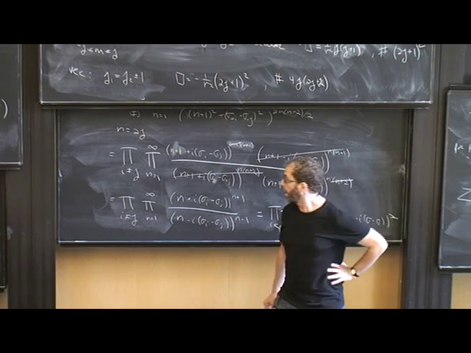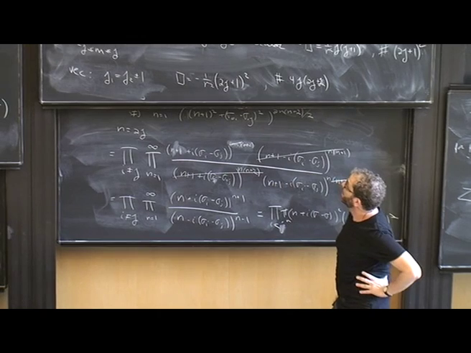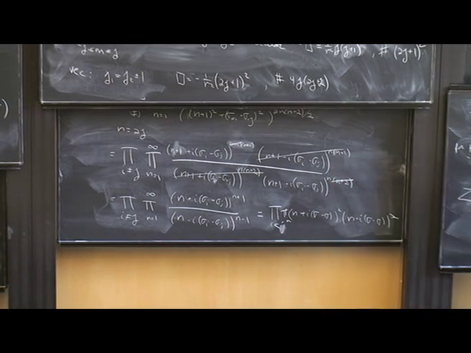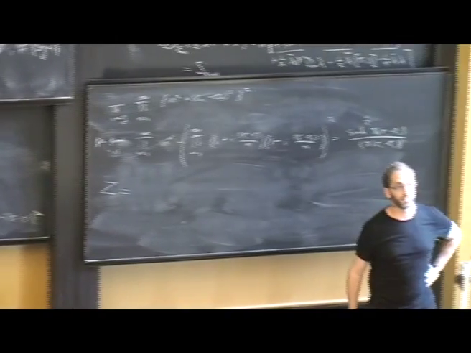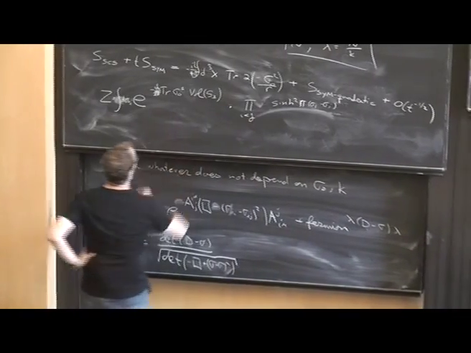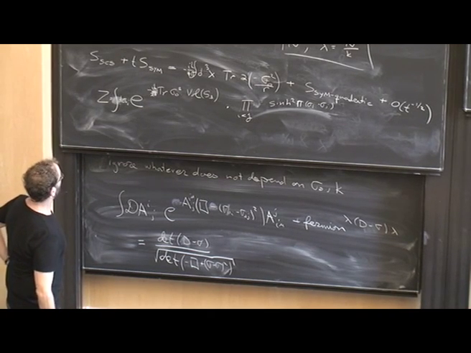Now, what I'm going to do in my last 10 minutes is mention what happens if we have other fields in the theory. So this was just if we have vector multiplets, we have this Chern-Simons term. As I told you, if we have a Yang-Mills term, it doesn't matter at all.